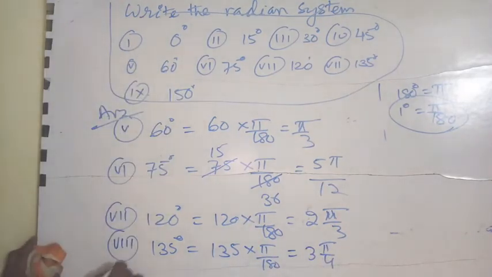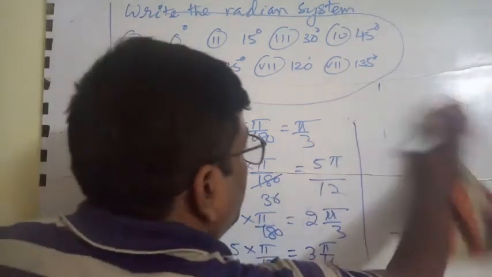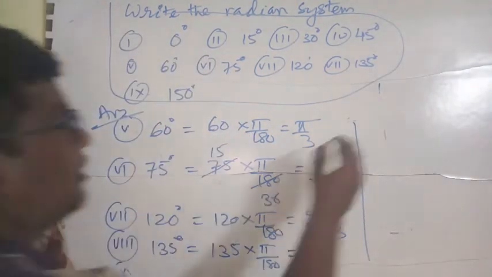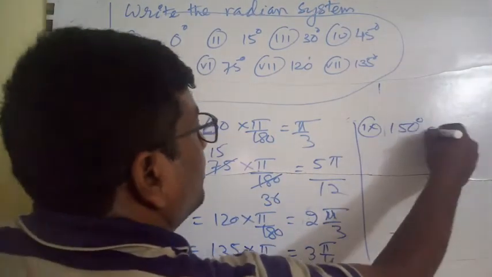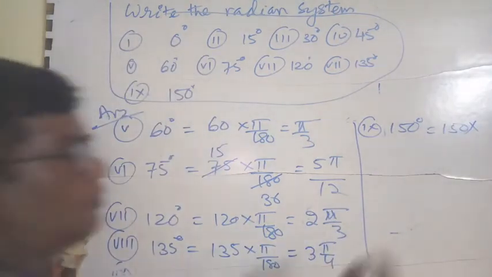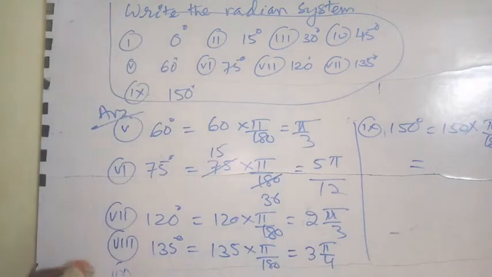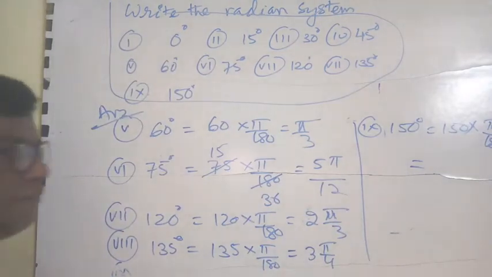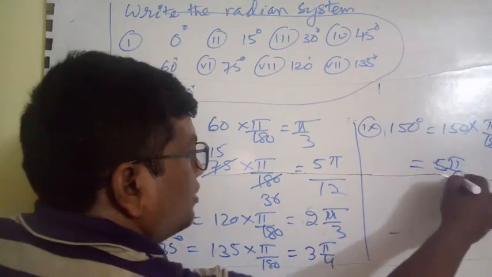And the last, ninth number, what is 150 degree? That is equal to 150 into pi by 180, and calculating this, it is equal to 5 pi by 6.